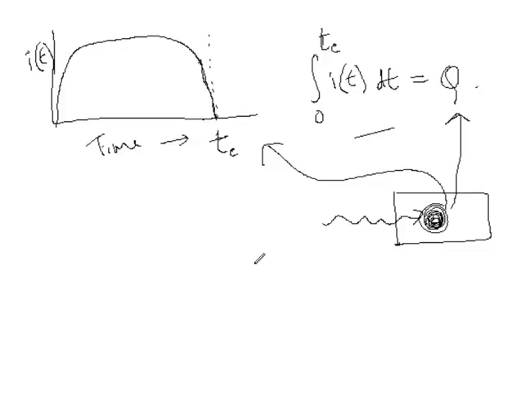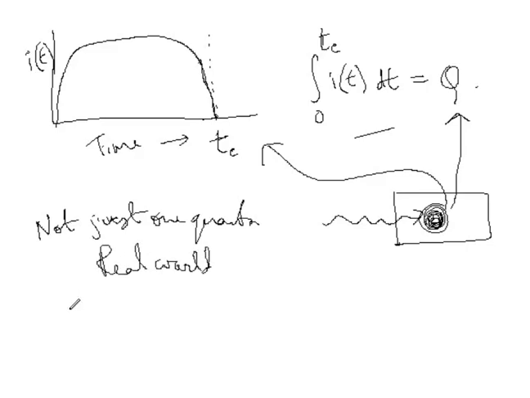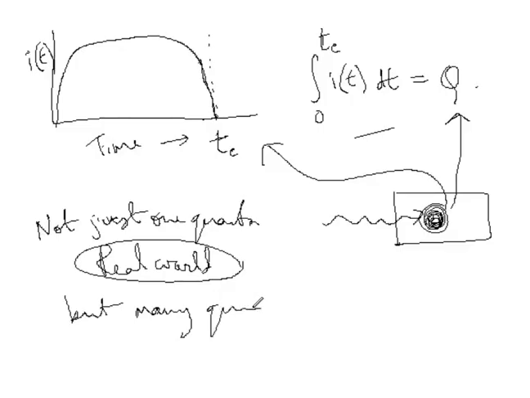Now note that in any real situation, it is not just one quanta. This is the real world, and in the real world there will be many quanta, and they will interact over a period of time.